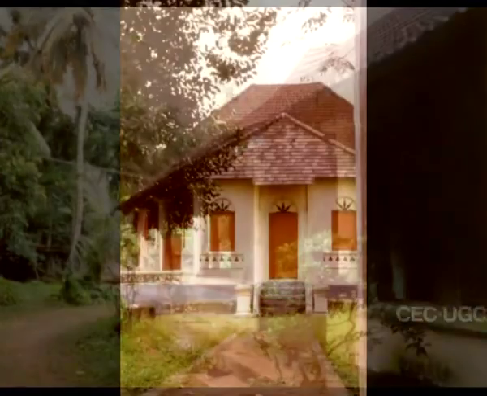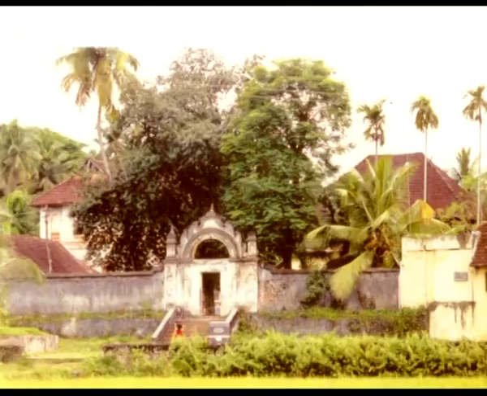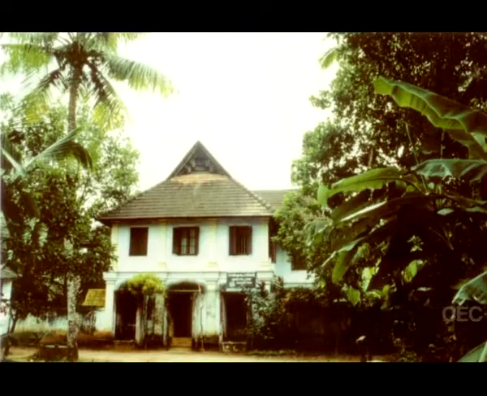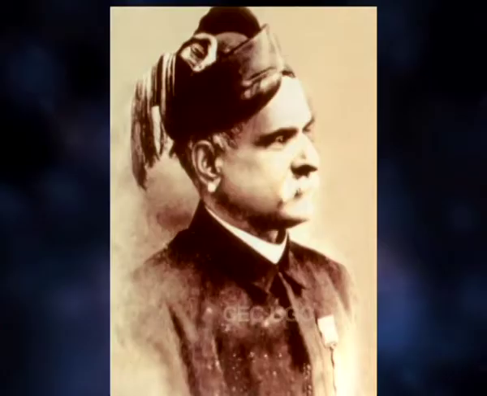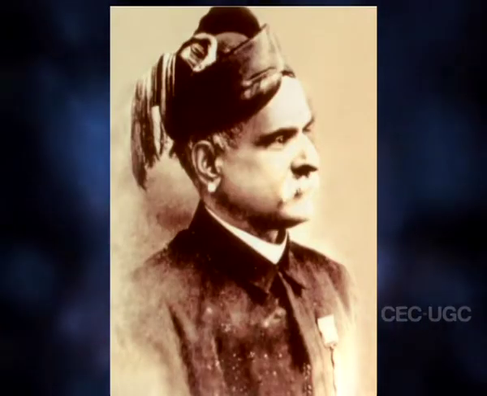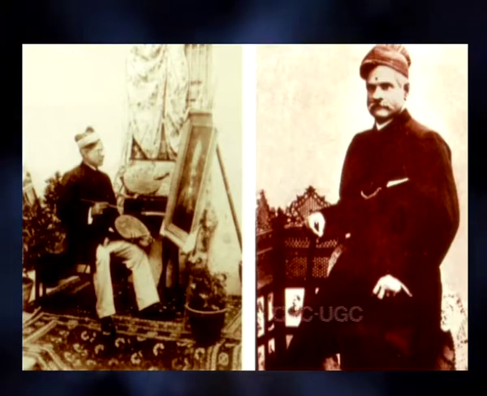Ravi Verma was born on 29th April 1848 at Travancore, Kerala, into one of the most important feudal families of Travancore, the southernmost kingdom of India. His family held a small territory at Killimanur, a place 50 kilometers north of Thiruvananthapuram. Although Ravi Verma belonged to the warrior caste, warfare and military prowess in his family had long been a thing of the past.